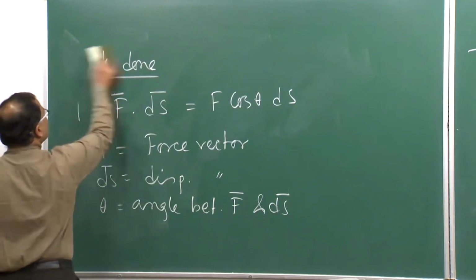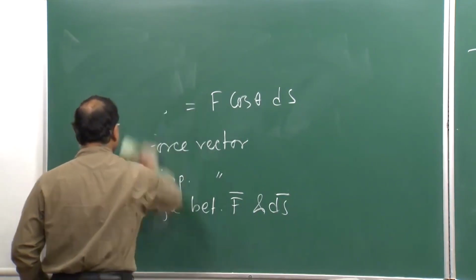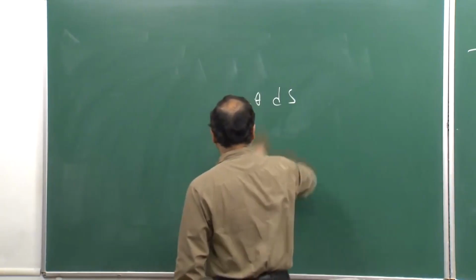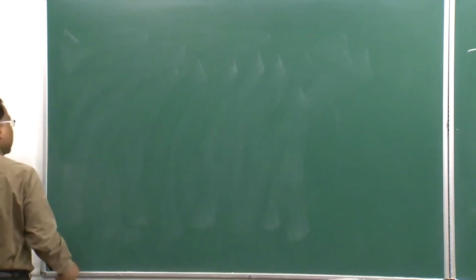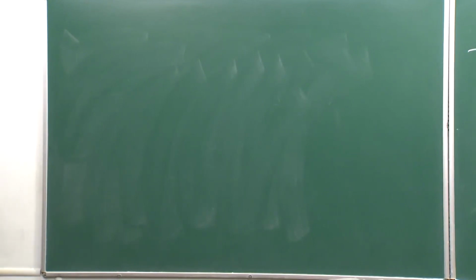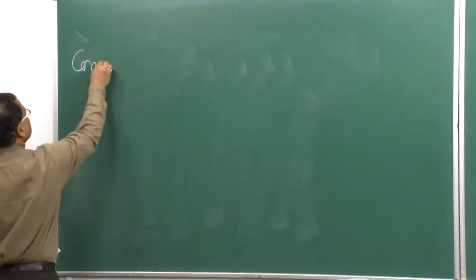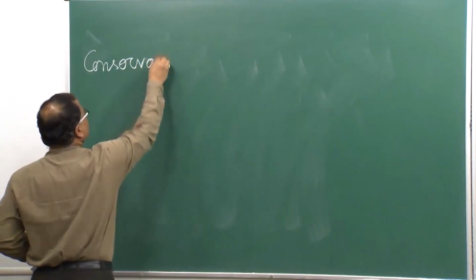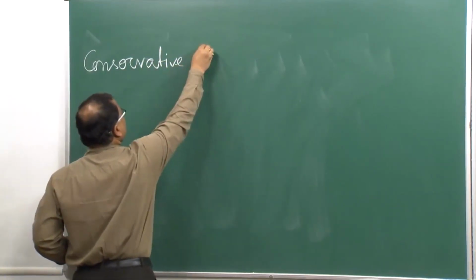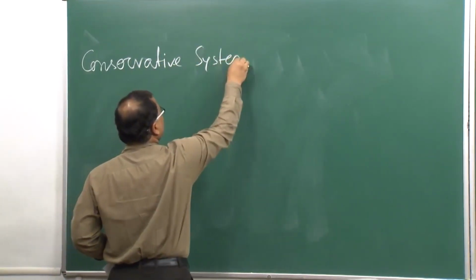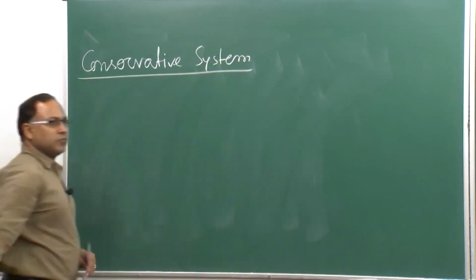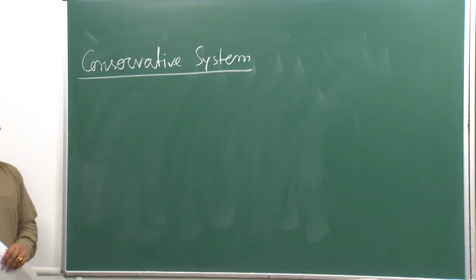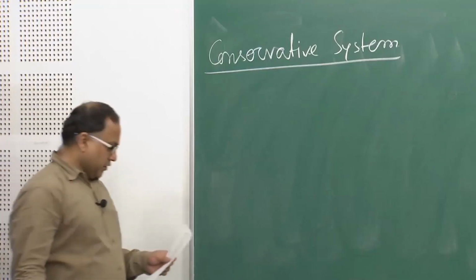if I talk about the conservative system, what do you mean by conservative system? To understand Castigliano's theorem, you need all those terms. Conservative system.